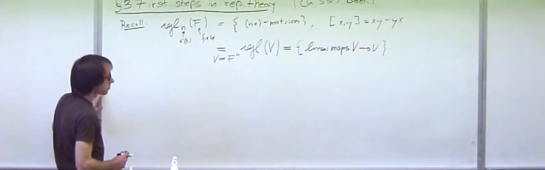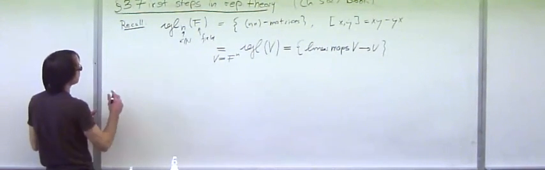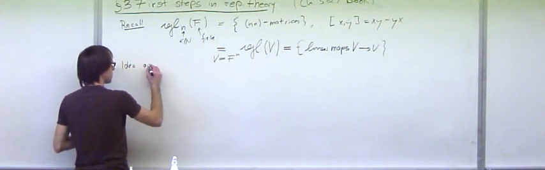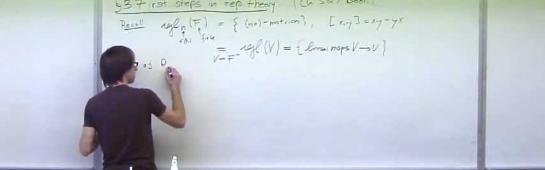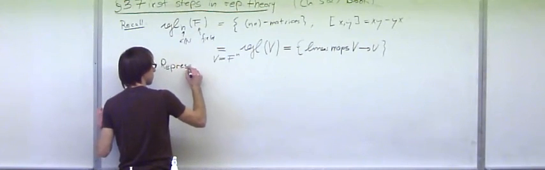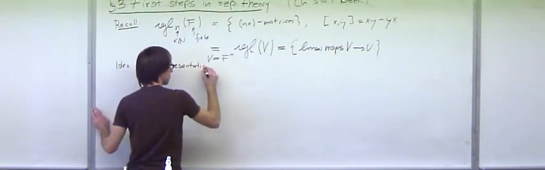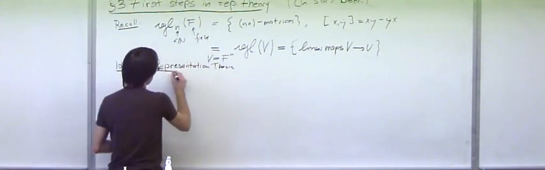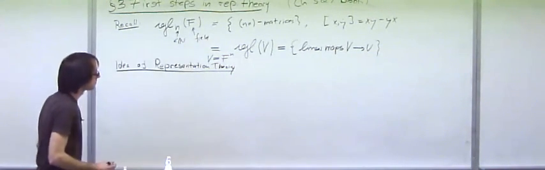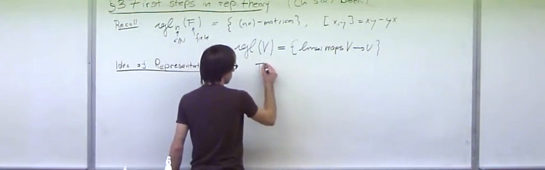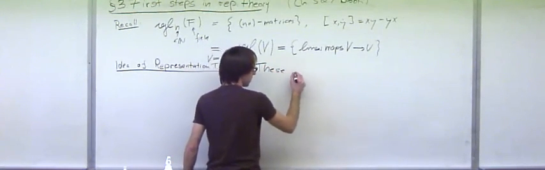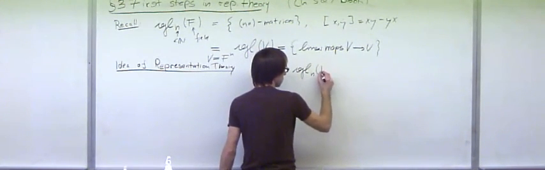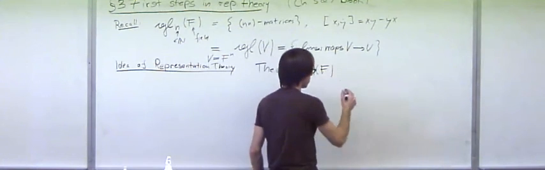So this is one basic example of a Lie algebra, and the idea of representation theory is the following. These Lie algebras of type GL_n(F) and their subalgebras.